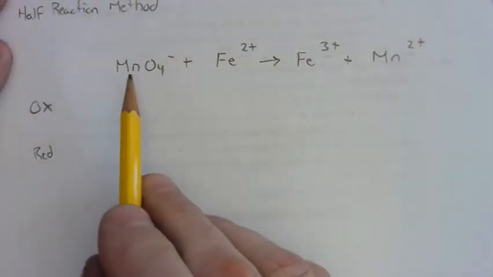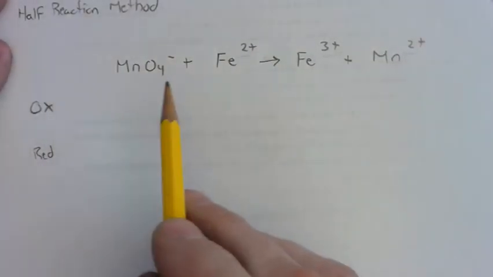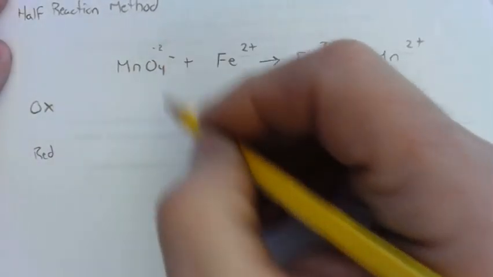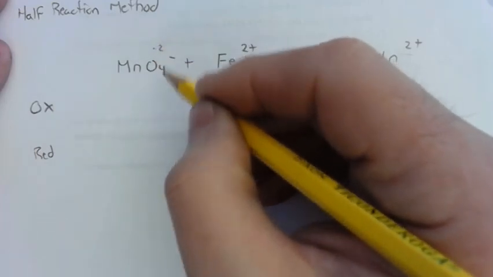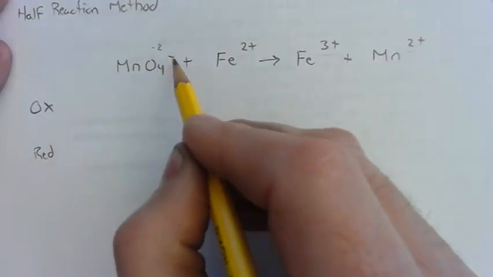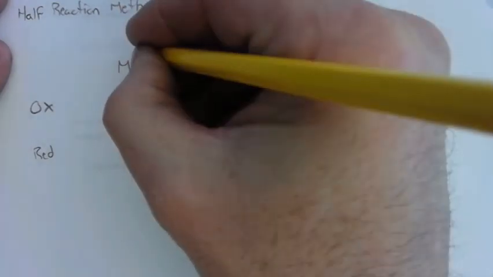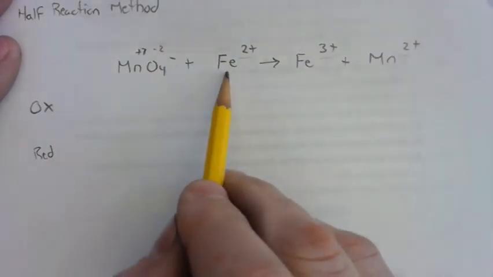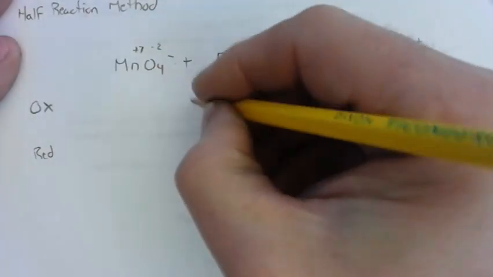And now we want to do this one over here. So oxygen is going to be -2. -2 times 4 is -8. So what plus -8 gives you -1 is +7. So it looks like iron is going from +2 to +3.